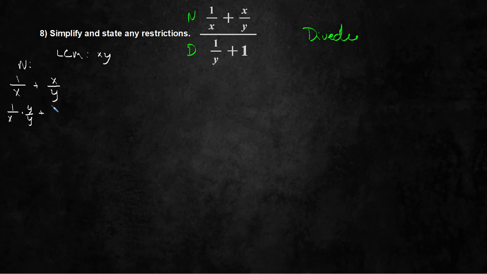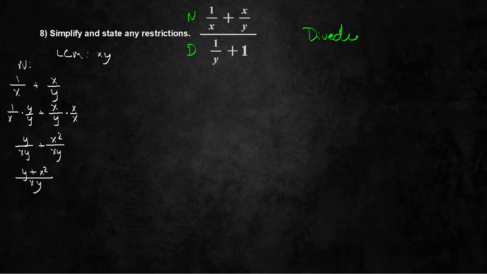On the second fraction, I need to rewrite by multiplying by x over x. And so that gives us our numerator at the next step being y over xy plus x squared over xy. And so that combines to be y plus x squared over xy.